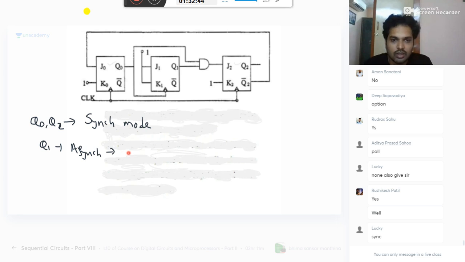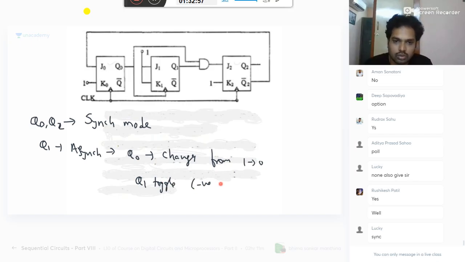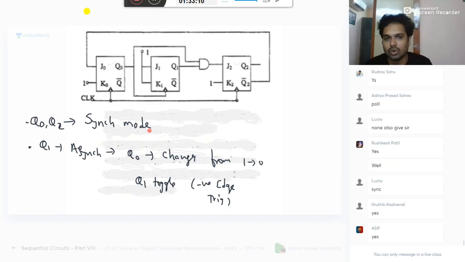That is when Q0 changes from 1 to 0, Q1 toggles because of negative edge triggering. You accepted this? Up to this clear or not? Nothing more than this. Up to this clear? Okay. So these are in the synchronous mode. Q1 is in the asynchronous mode.